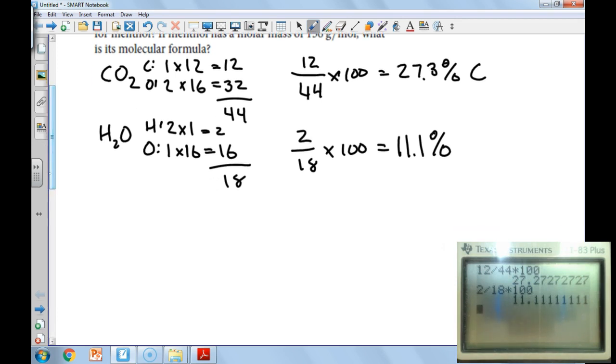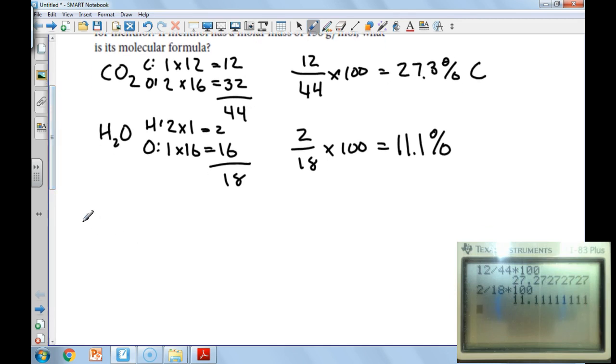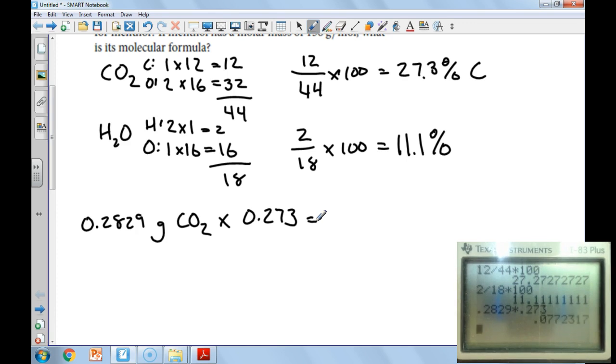I'm going to take 0.2829 grams of carbon dioxide and multiply that by the decimal percent, 0.273, because 27.3% of carbon dioxide is carbon. 0.2829 times 0.273 gives 0.0772 grams of carbon in that sample.